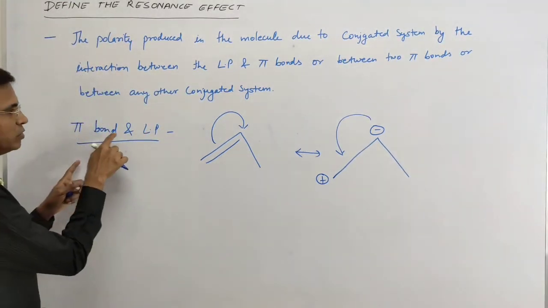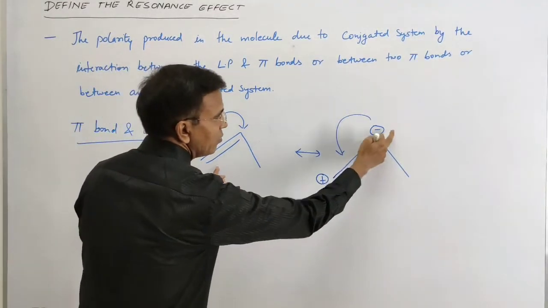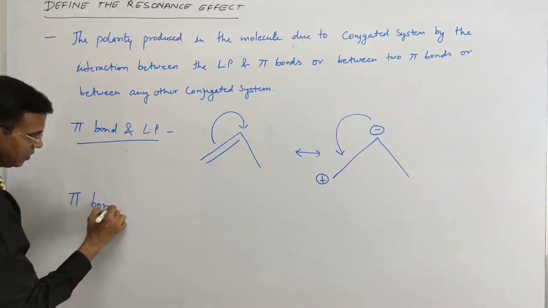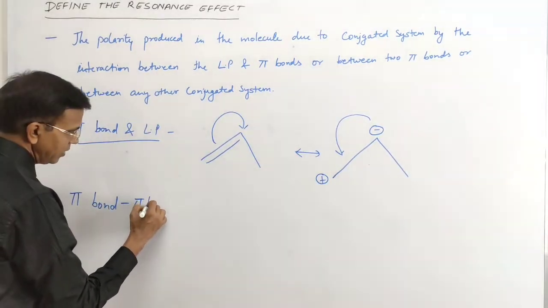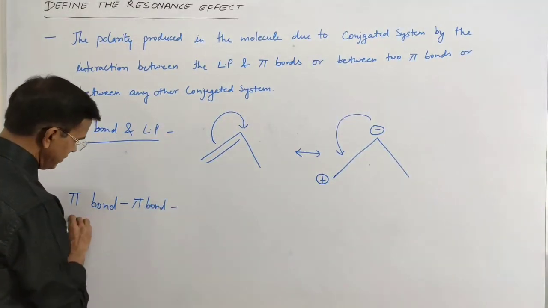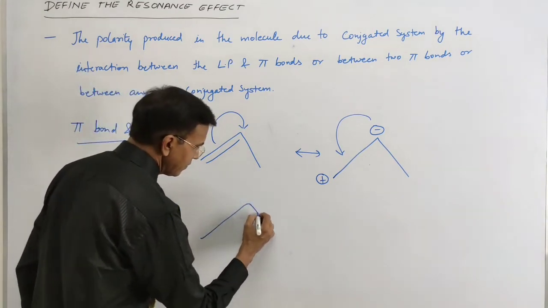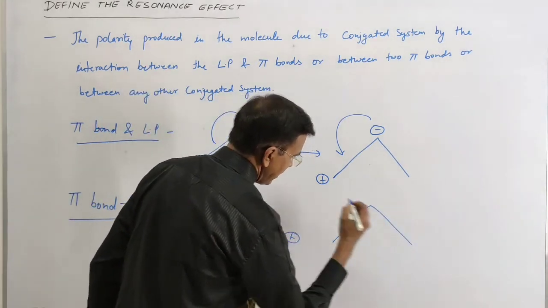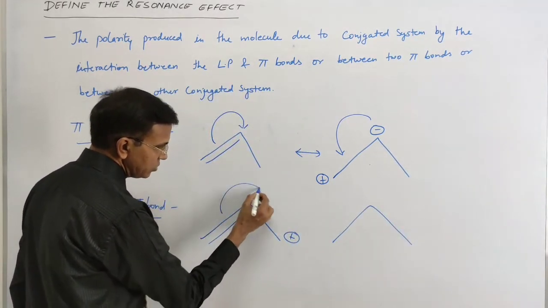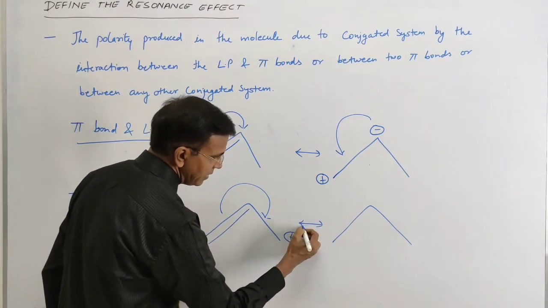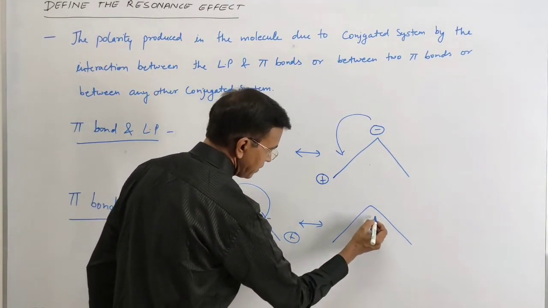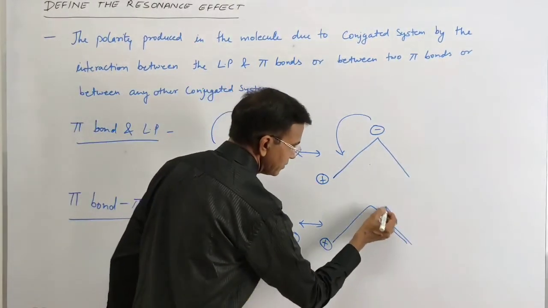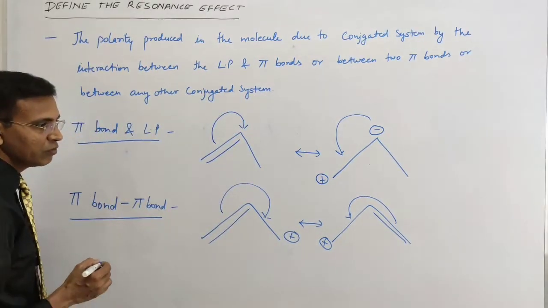So it is pi bond and lone pair, pi bond and lone pair, right? Now between pi bond and pi bond, if here is a positive charge and these pi electrons shift towards this, the next resonating structure will have the pi bond here and the positive charge on this carbon atom. Now this again moves, right?